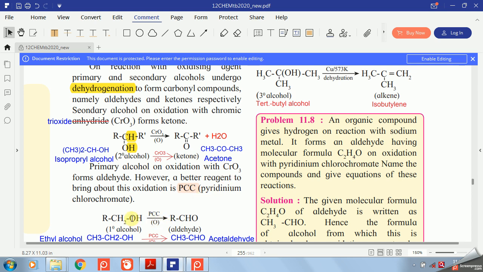And again the reaction is the same: the hydrogen from OH and one hydrogen from your alpha carbon, not both the hydrogens, only one hydrogen is removed, and that is removed as water.